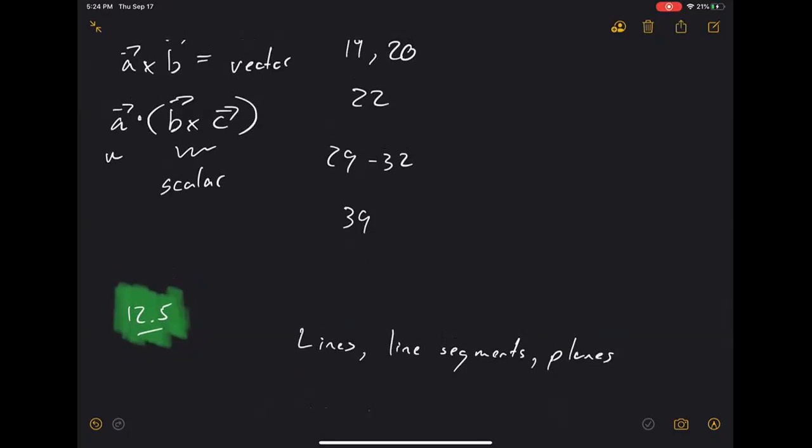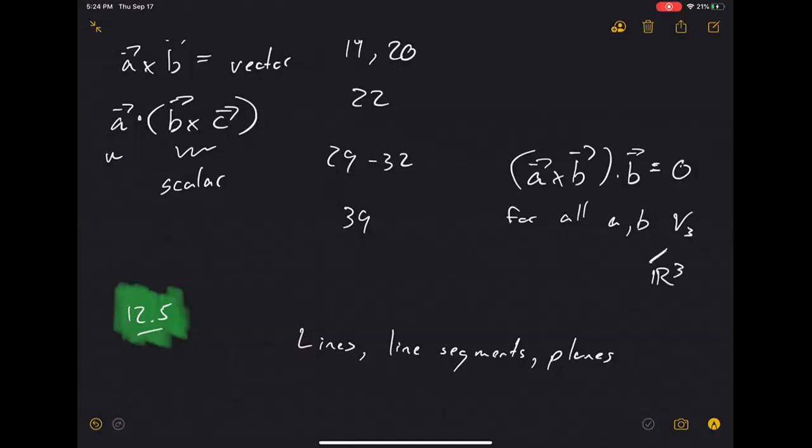It says, show that A dot B cross B, or A cross B dot B, is equal to the number 0 for all A and B in V3. V3 being all the vectors in R3. Okay, this is an interesting problem. I would definitely consider giving you something like this.